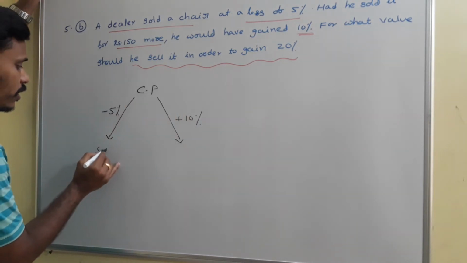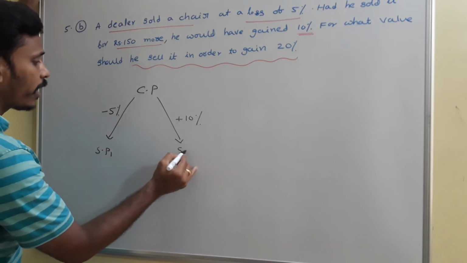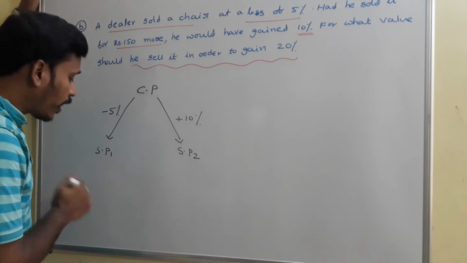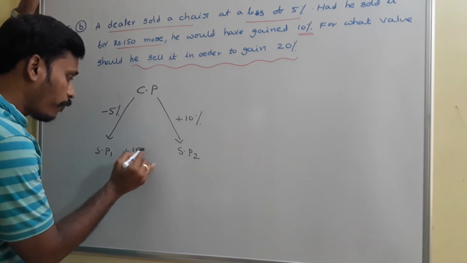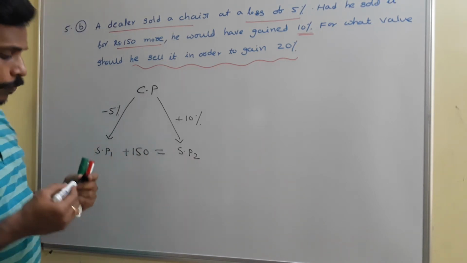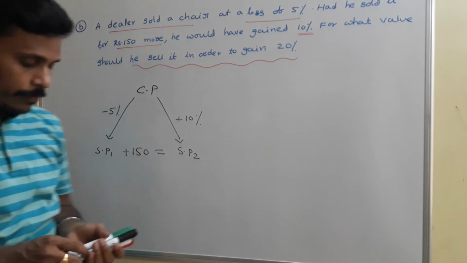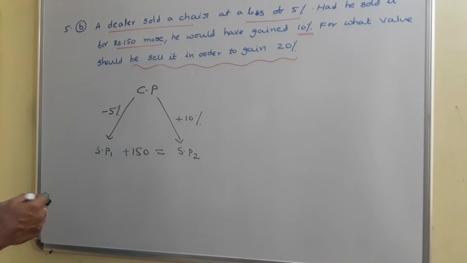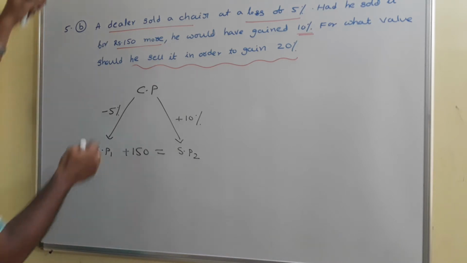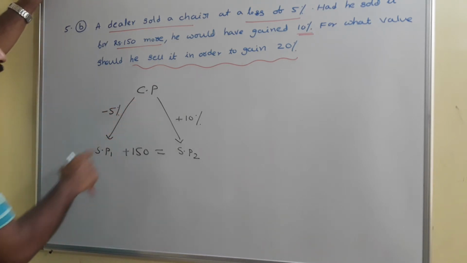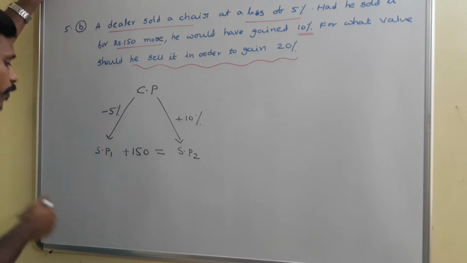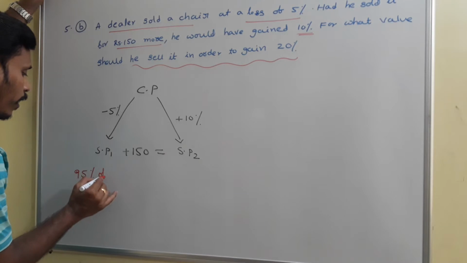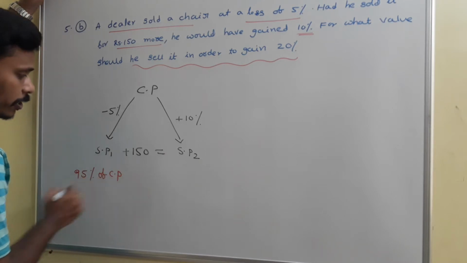And in this case we have selling price 1, and here selling price 2. As mentioned in the problem, selling price 1 plus 150 rupees is equal to selling price 2. That's very clear. And now you need to think about what is selling price 1 and what is selling price 2. So selling price 1, since there is a loss of 5%, is cost price minus 5% of cost price, so 100 minus 5, we need to take 95% of the cost price.